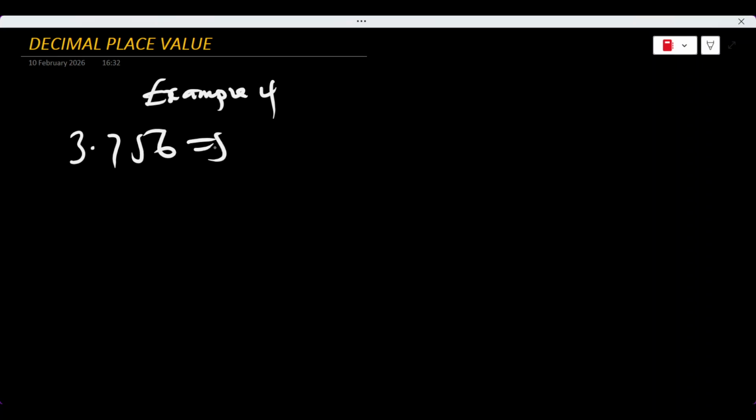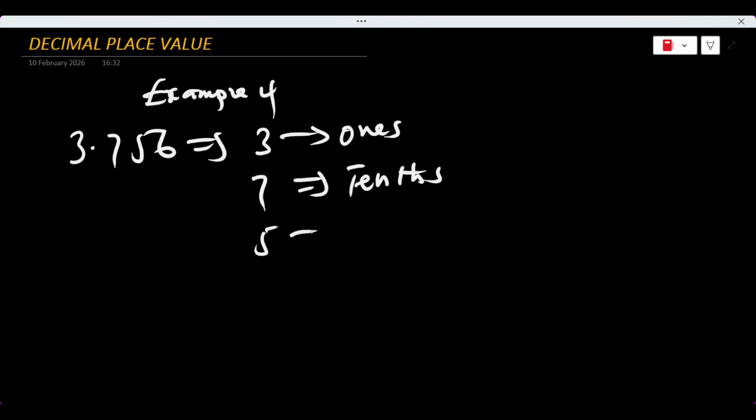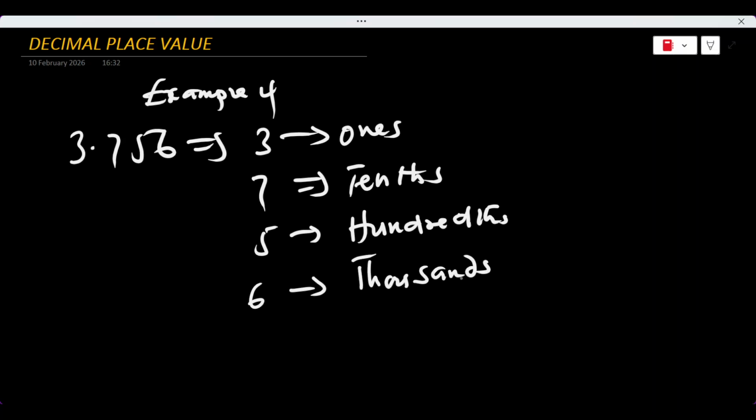We have 3 at the ones place, 7 at the tenths, 5 at the hundredths, and 6 at the thousandths. So how are we going to pronounce this number?